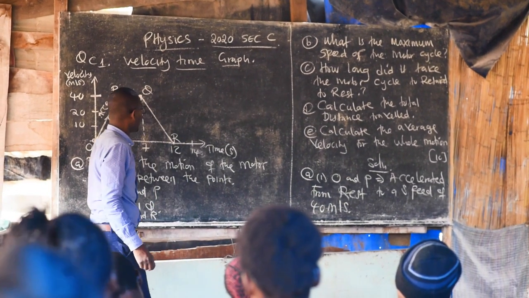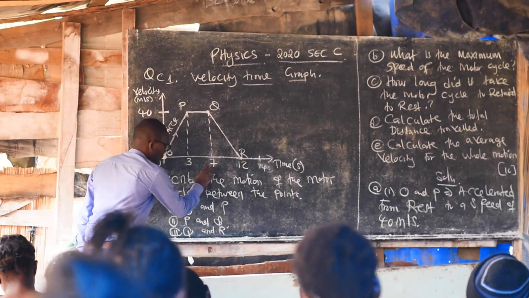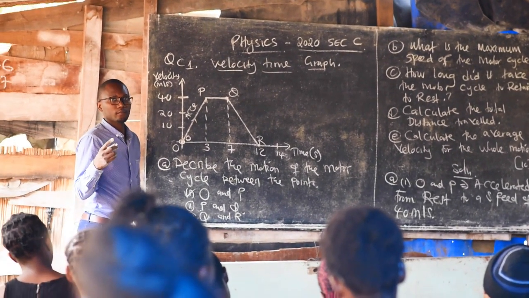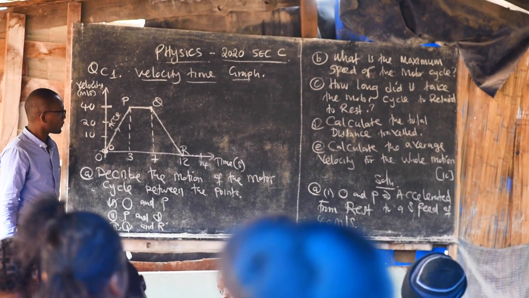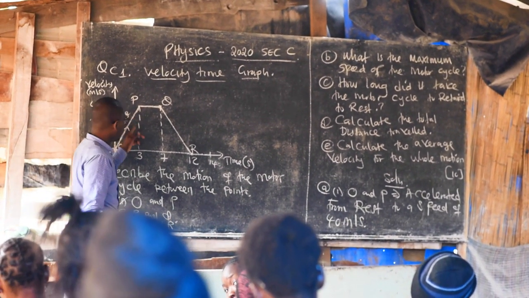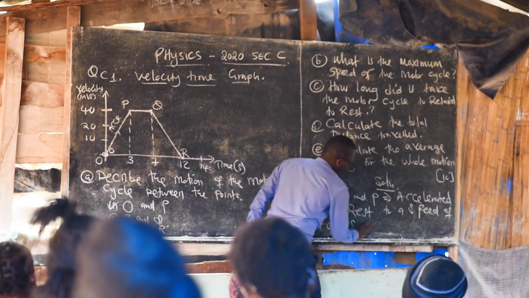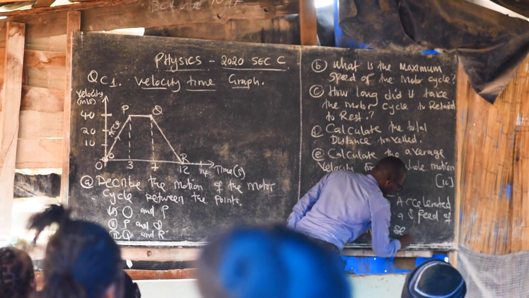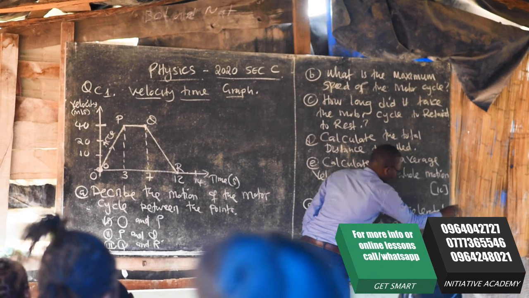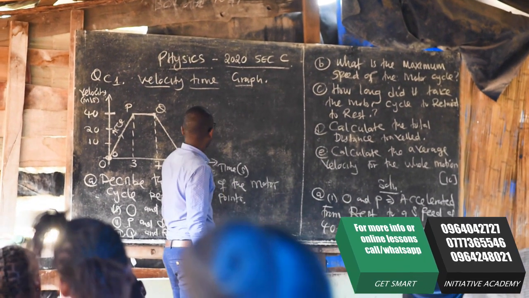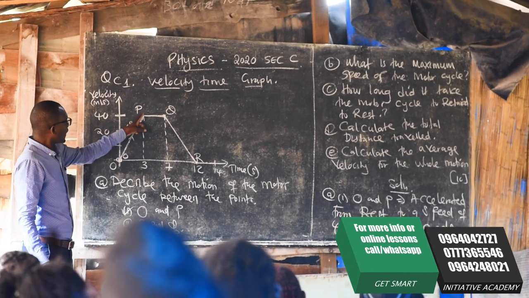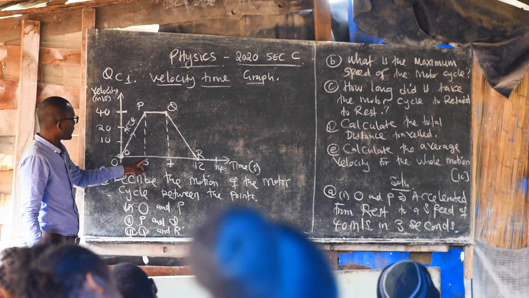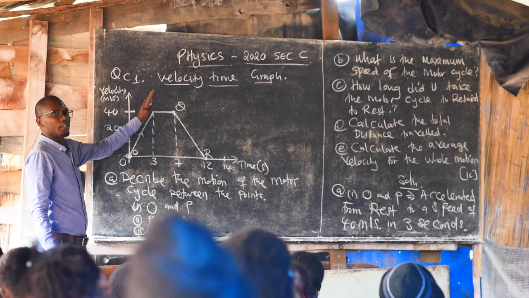That is our good answer. You can actually include how much time was consumed, which is 3 seconds. That's a complete explanation. So you say it moved from 0 to 40 meters per second in 3 seconds. So this is called acceleration.